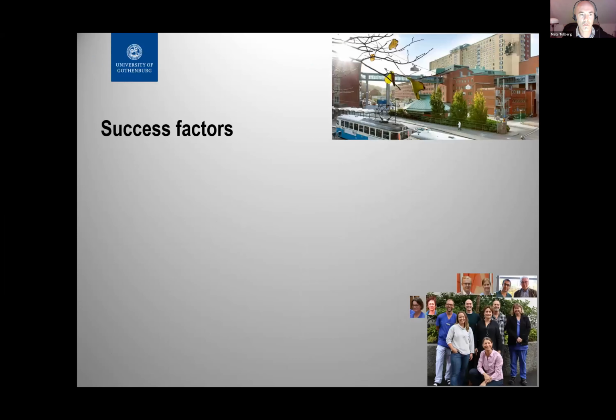So in this workup, I have tried to identify some success factors. If possible, I think it is highly recommended to build a team to work with the patients, including neurosurgeons, neurologists, and physiotherapists, neuropsychologists, for instance.